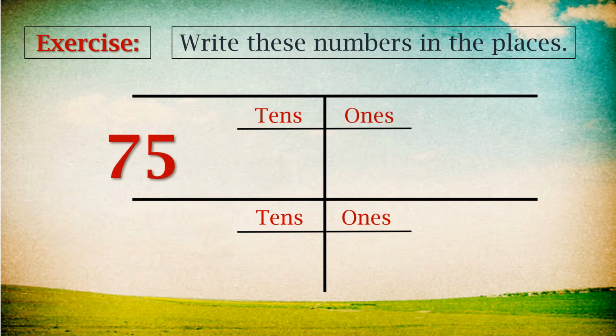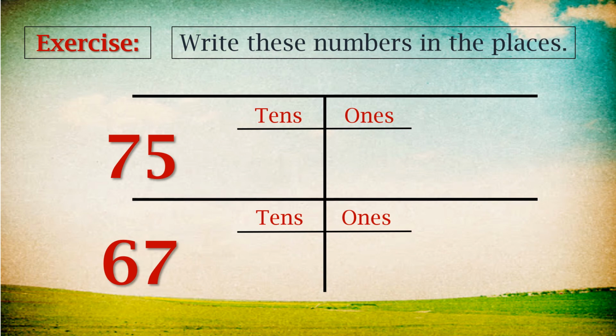Number 1, 75. Next is 67. Okay? I'll give you 10 seconds for you to write the answer because this activity is very, very easy. 10, 9, 8, 7, 6, 5, 4, 3, 2, 1.